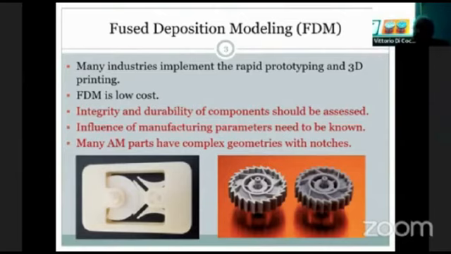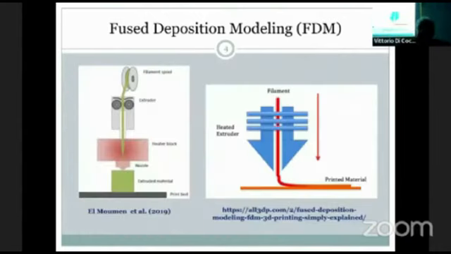In particular, it is very important because we print and design very complex shapes, so we need to take into account the notch effect and the size effect. So very shortly, we have a polymeric filament, which is forced to go through an extruder.